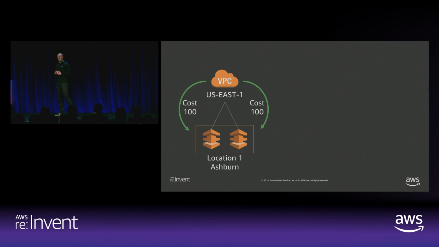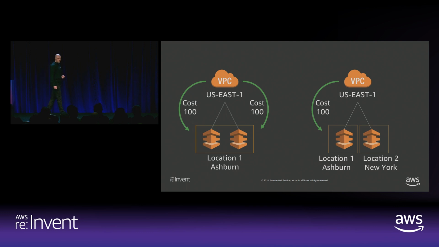And by default, we support something called equal cost multipath, which essentially allows you to load balance across like paths with the same cost. Now, if we introduce geographic redundancy and we set up another direct connect in New York, and this link advertises the same network prefix, but is much farther and has a higher cost, we no longer have a scenario for equal cost multipath.